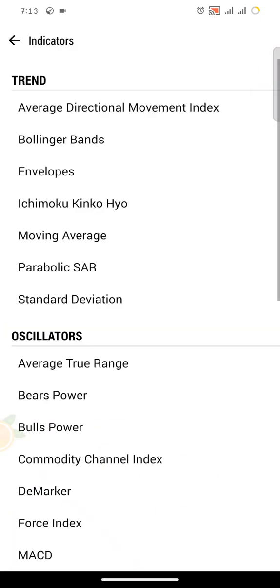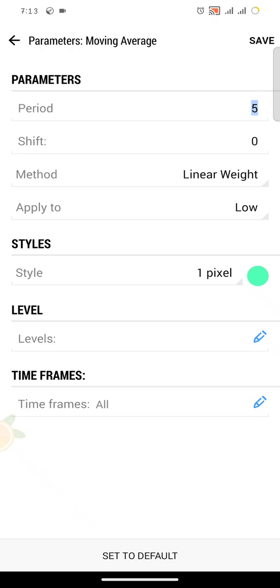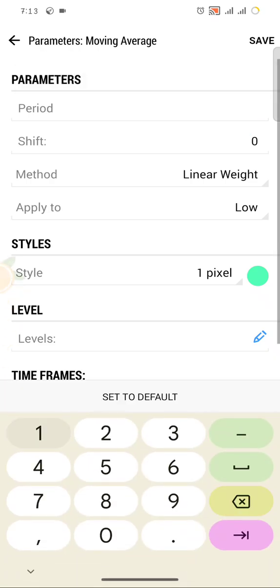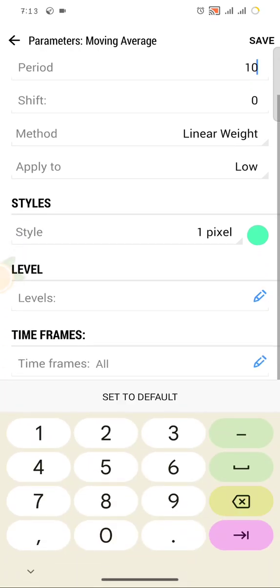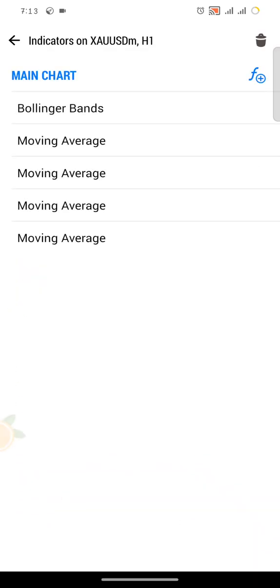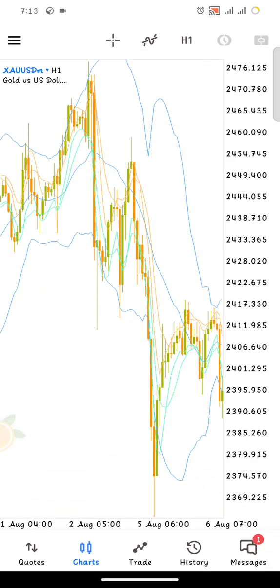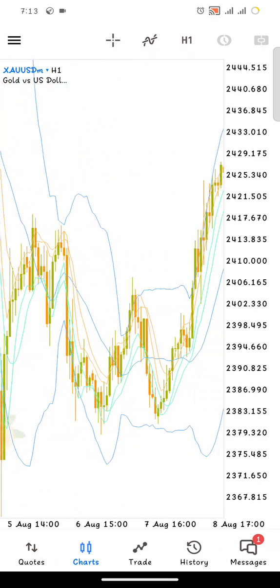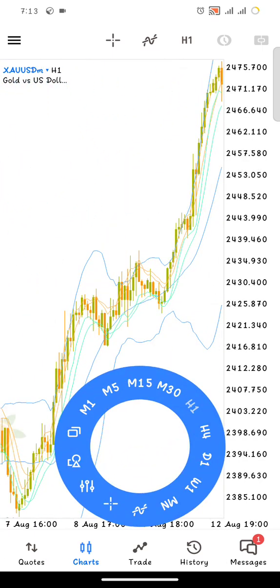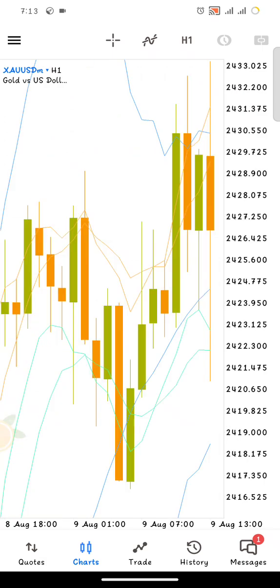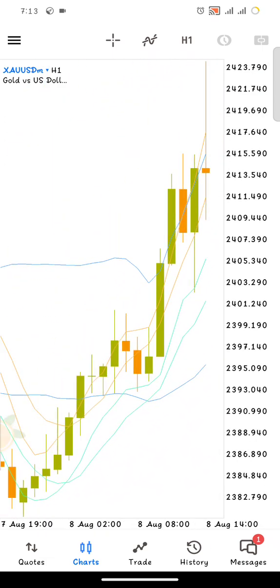I also add another one, change the period to 10, leave the linear weighted method, apply to low, the same color, save. Now if we come here, guys, this is how our chart will look. Very beautiful.